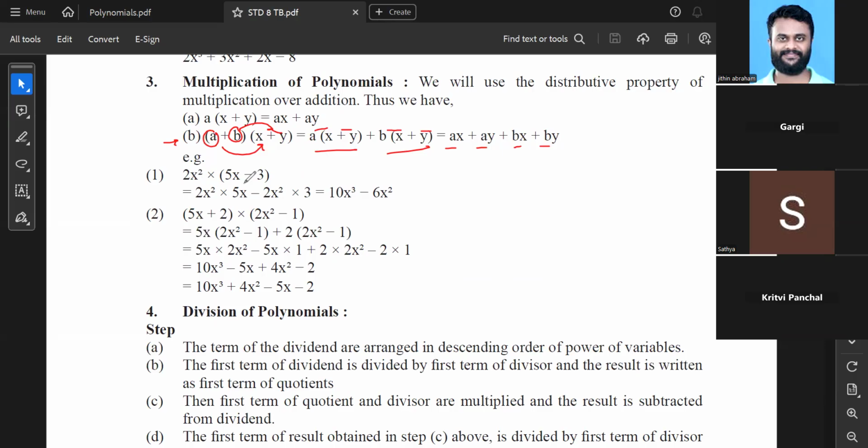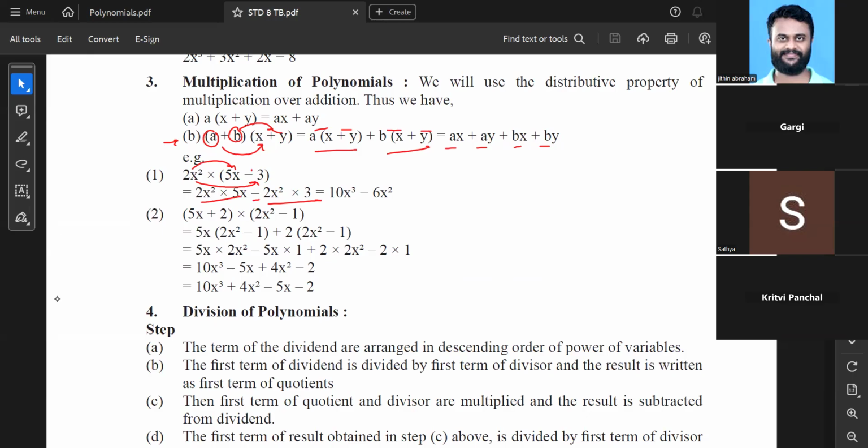Example, 2x square plus 5x multiplied by 5x minus 3. First you multiply 2x square with 5x, like how you have done over here. Then 2x square multiplied by minus 3, so the negative sign will come over here. You simply multiply them and you'll get 10x cube, and here you'll get 6x square. Any doubt so far?